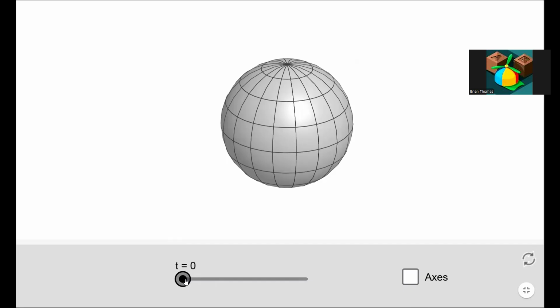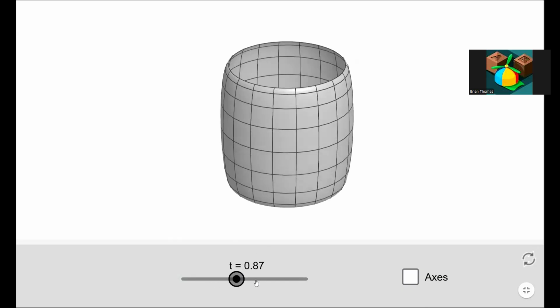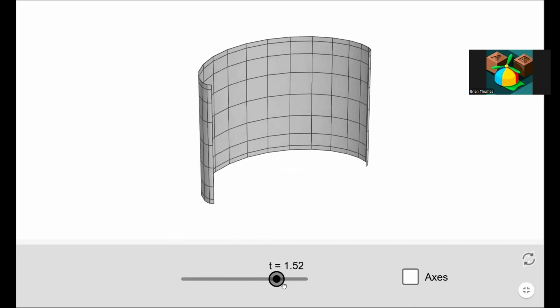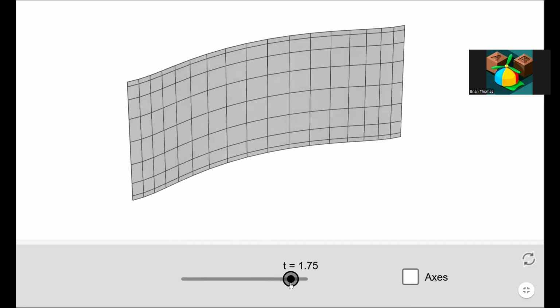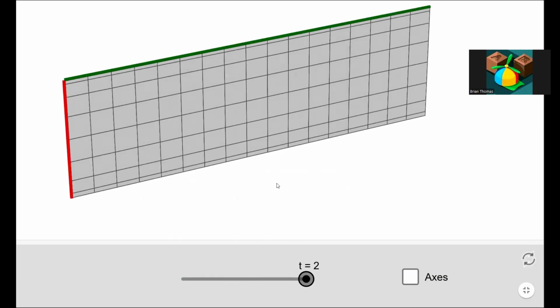If I unfold this again, you'll see this becoming a circumference, and as I break it apart, we start to create this rectangle. This distance across here is the circumference, which is 2 pi r.